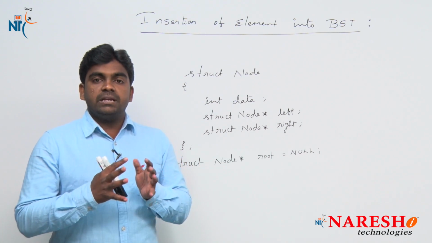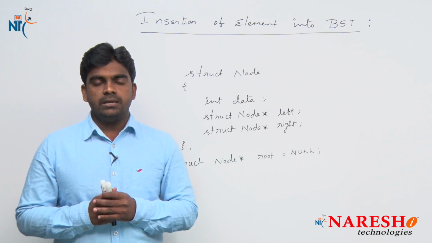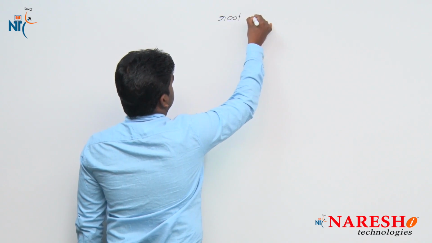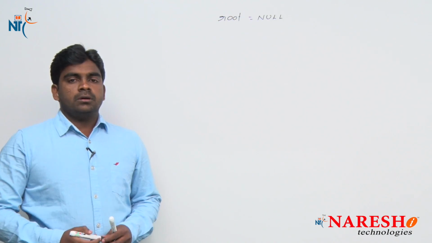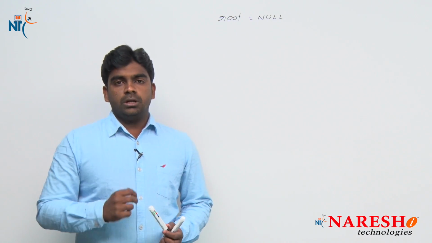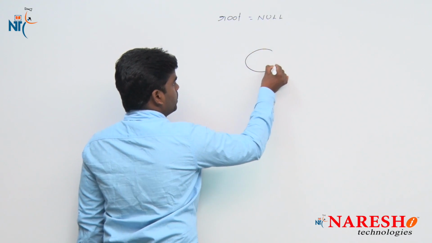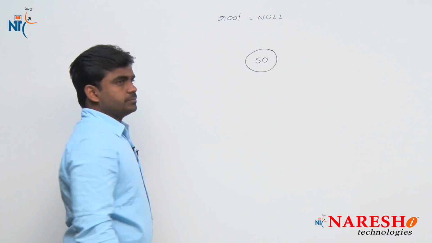First the root variable will be created, and then we need to store the information. I'll first explain the process of storing information into a binary search tree. For example, root is not pointing to anything, that is, root equals null, not pointing to any node. Suppose you create a node, shown as a circle, and I am storing some information, for example 50.